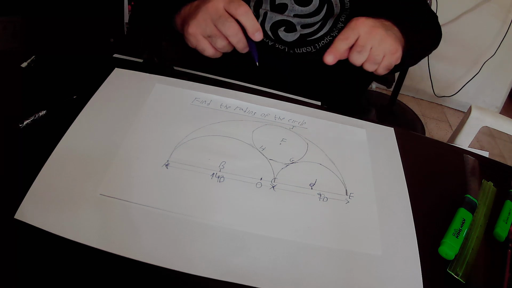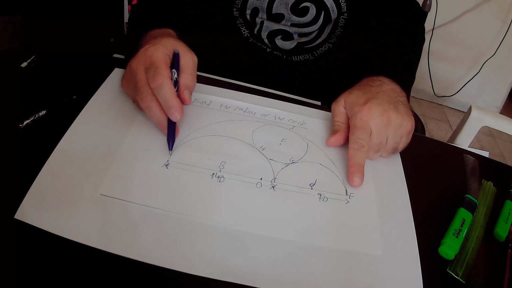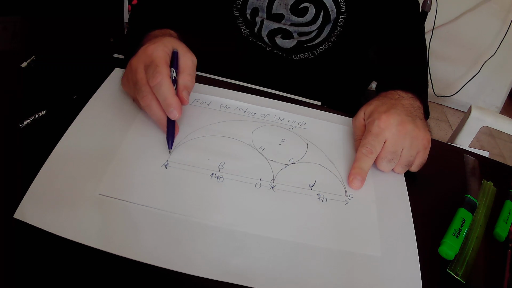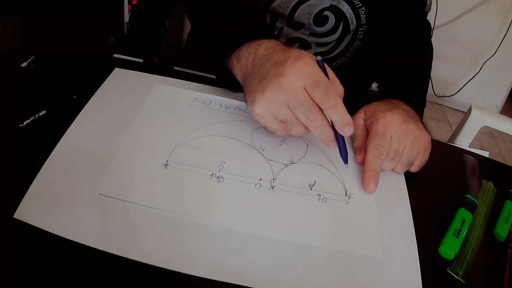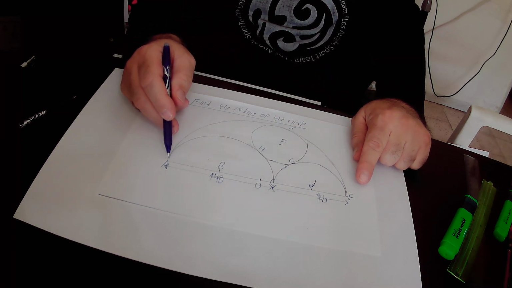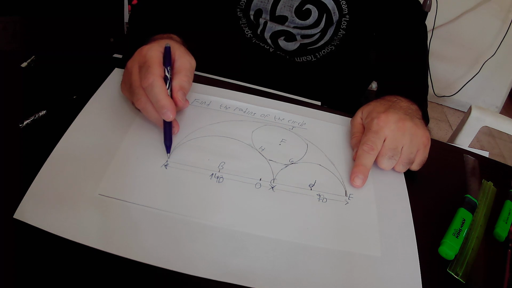But what is actually line segment AE? It is very easy to see that AE is the diameter of the biggest semicircle. And we know that the diameter of any circle or semicircle is twice as long as the radius.